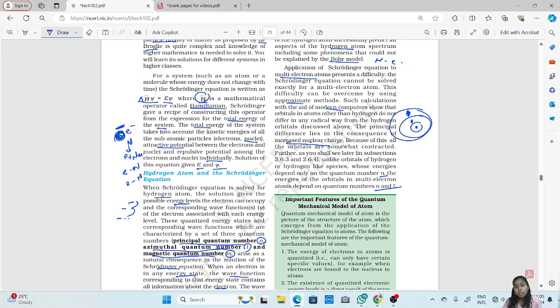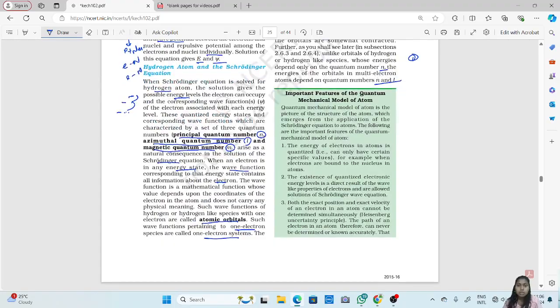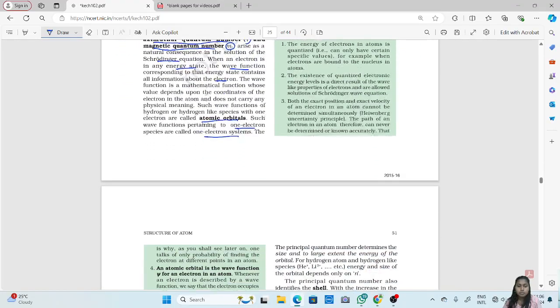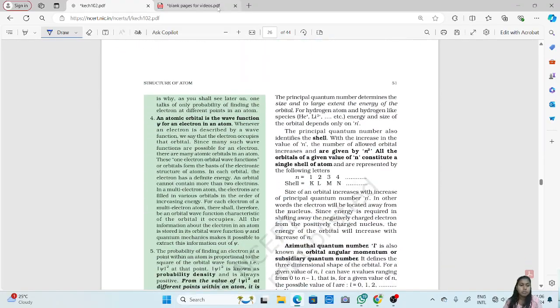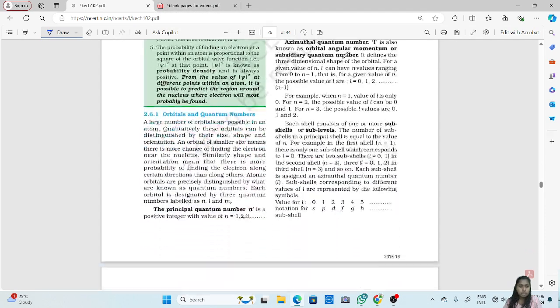For hydrogen, it only depends on the principal quantum number because it has only one electron. But for multi-electron atoms, it depends on two things: one is the principal quantum number and the other is the azimuthal quantum number. Okay. Now, there are different ways to calculate these numbers.